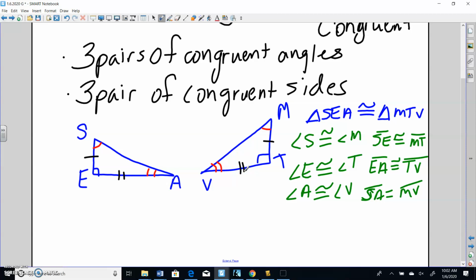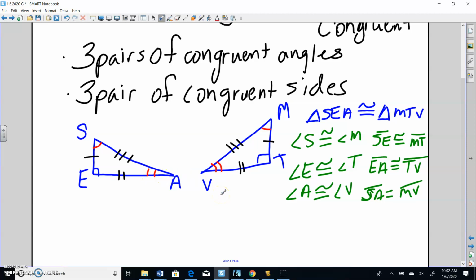And then side SA, I want to make sure I can tell the difference between the other 2 sides. So I'm going to put 3 dashes there, and then that would match up with side MV, so that should show 3 dashes. So these marks tell us what things are equal to each other. Dashes will tell us that sides are equal. Arcs will tell us what angles are equal to each other.